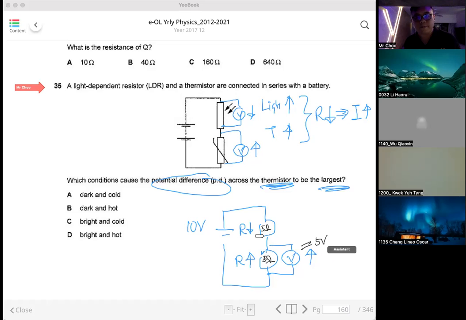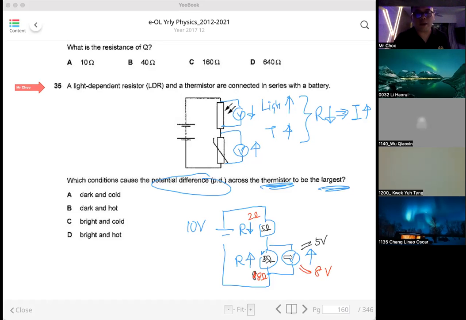Is that clear? However, if this is 8 ohm and this is 2 ohm, this will give you 8 volt. Are you clear about this?